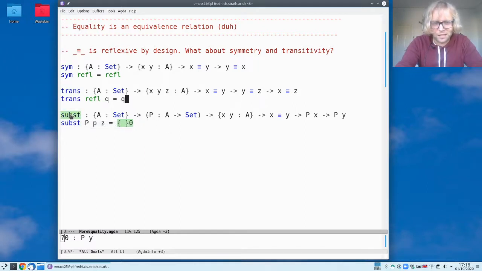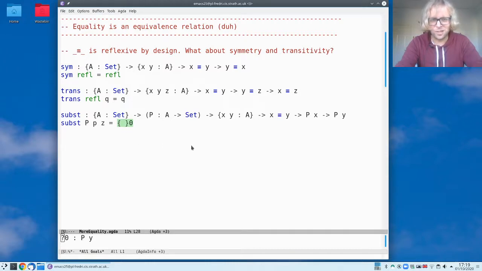And the property it has is that if we have any set A and any property P of elements of A, if I now have two elements, x and y, and I know that they are equal, and if I know P of x, then I also know P of y. So all properties respect equality, another way to phrase it, or you can't tell apart equal things, right?